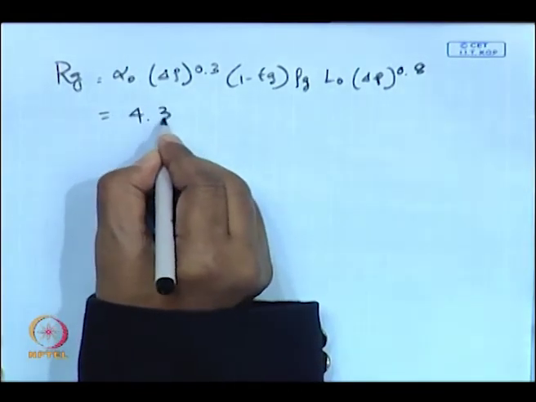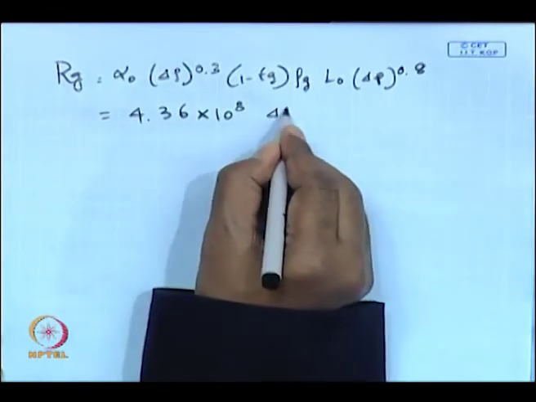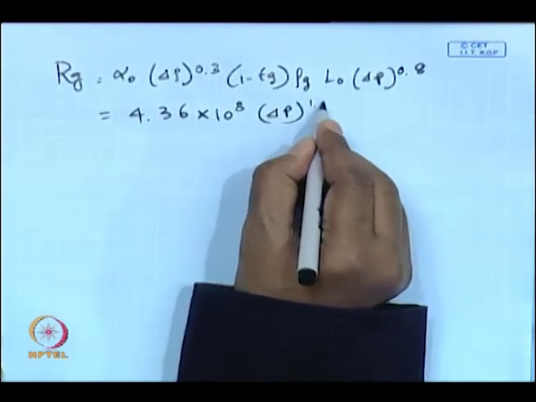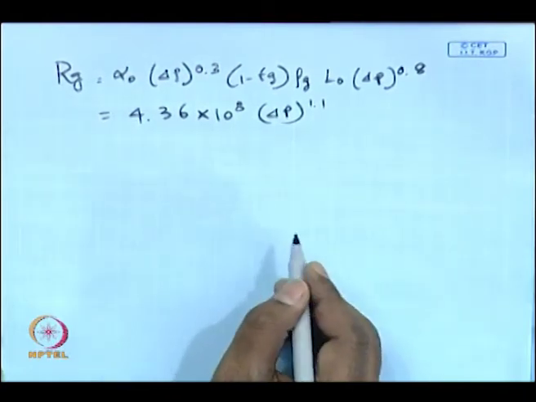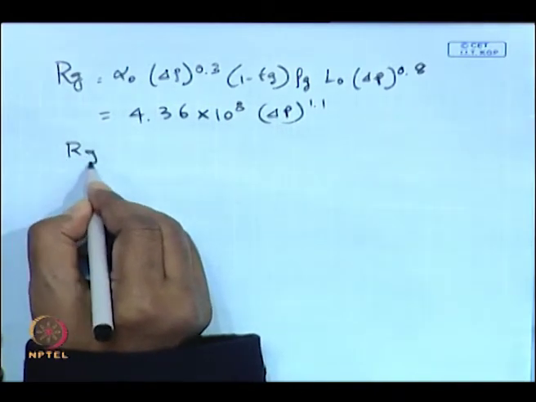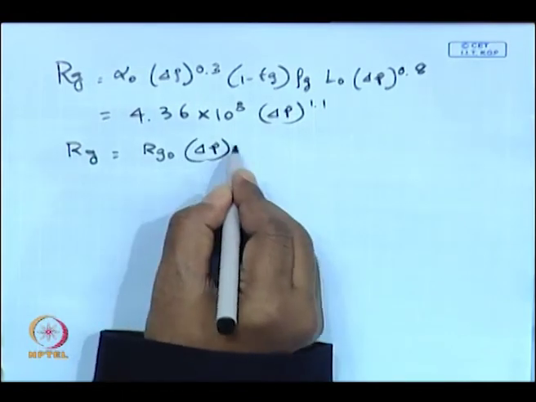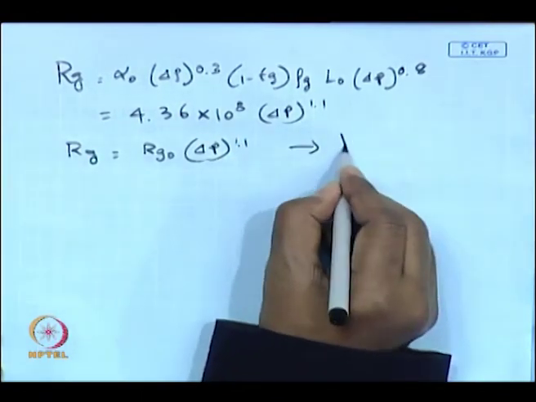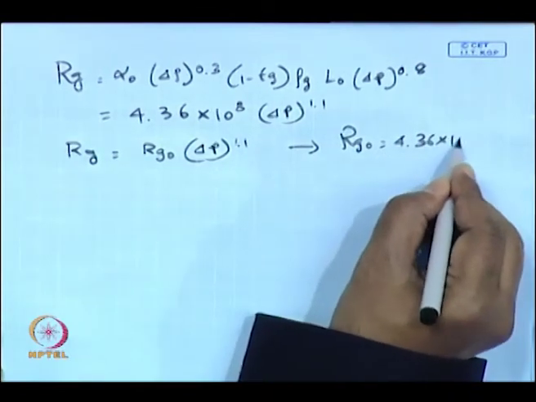This turns out to be 4.36 into 10 to the power 8 times delta P raised to the power 1.1. Put all the values together, and therefore one can get R g is equal to R g naught into delta P raised to the power 1.1, where R g naught is 4.36 into 10 to the power 8.